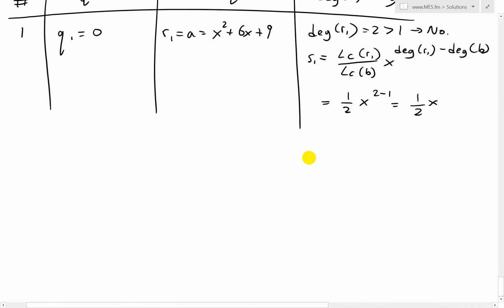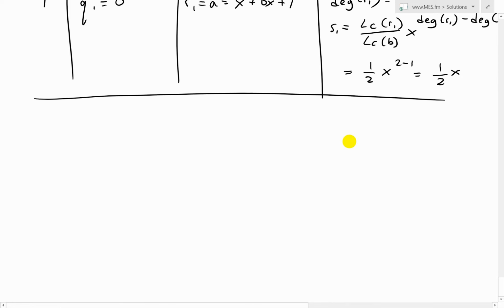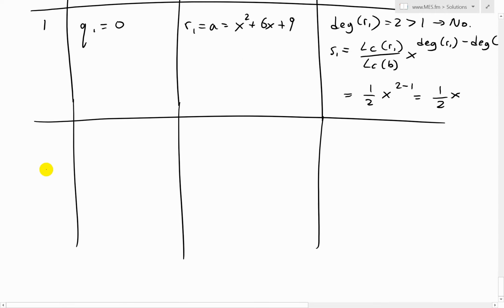So that's our S1. So then now we have that part set up, and I'll just write this out like this, and then expand this out, and now we have Q, that's Q1. Now the second row, I'll write this as number 2 over here, and then the Q2, we add S1 to it.